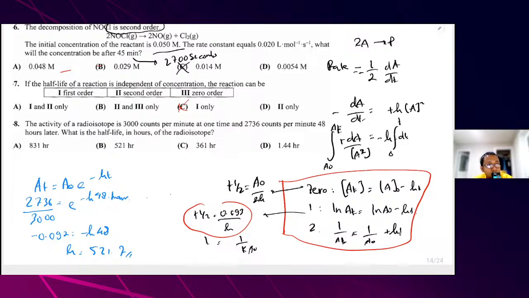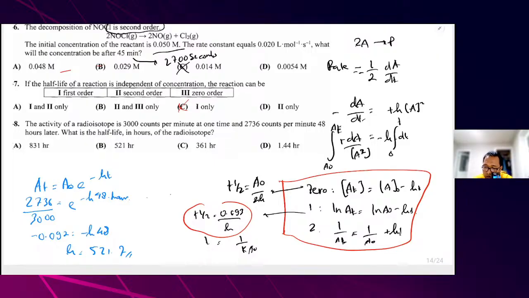Okay, let me see. This is not ln, okay? 0.092 divided by 48, it should be 0.00191.